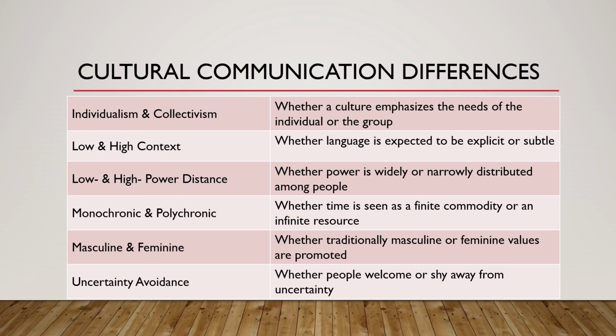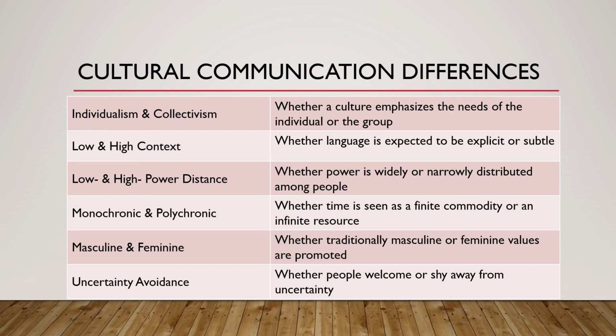The last dimension that we can think about here is, or second to last, sorry, is uncertainty avoidance. And so this is the level at which cultures or people in co-cultures welcome or shy away from uncertainty. So you can be highly uncertainty avoidant, and these cultures value people in situations that are familiar. They avoid taking risks. They have a fear of failure.